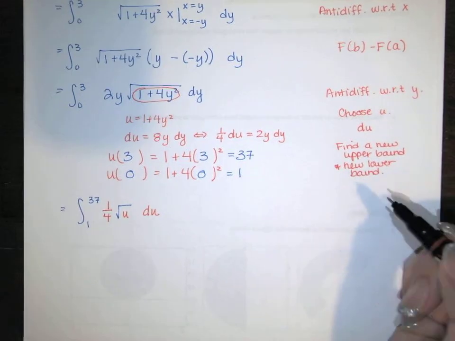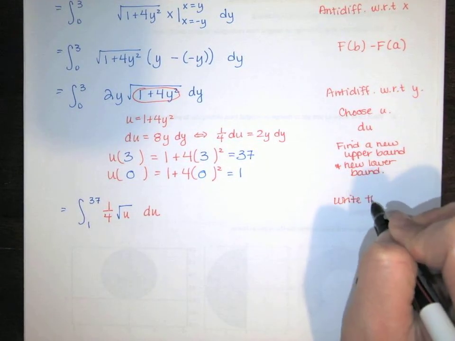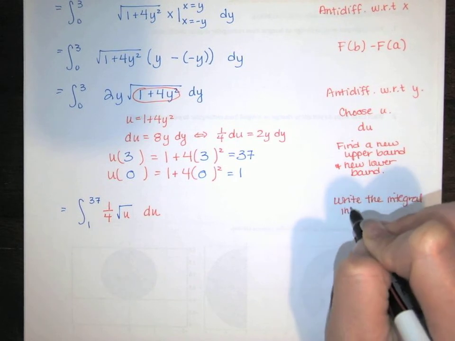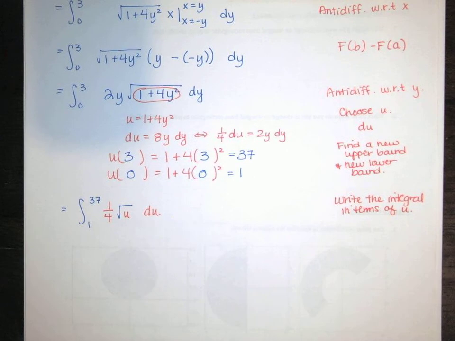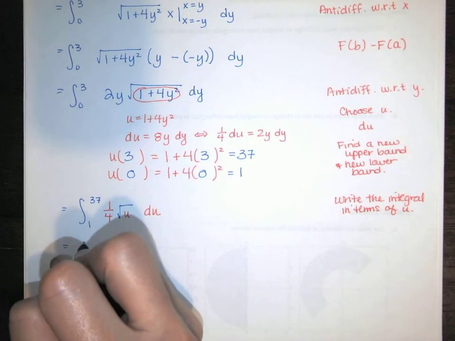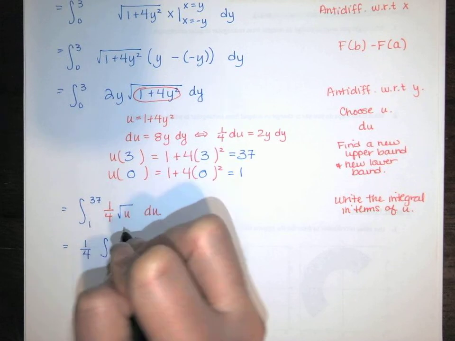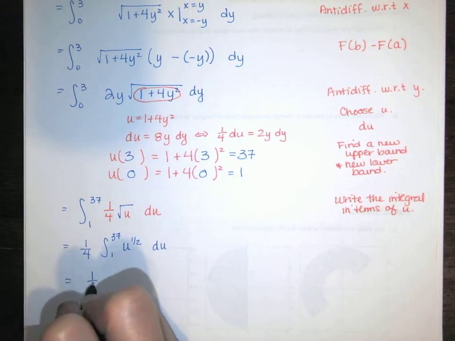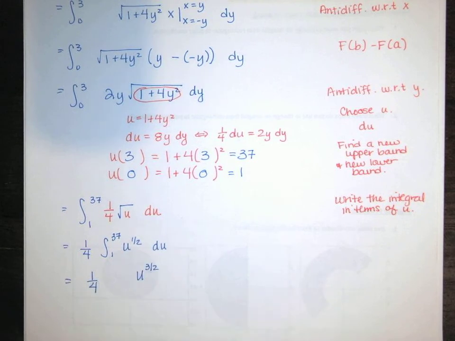So we found our new upper and lower bounds. You want to write the integral entirely in terms of u. And then you want to rewrite it as u to the 1/2 power, so we can use our power rule. Bring that constant down, add 1 to the exponent, and divide by the new exponent.